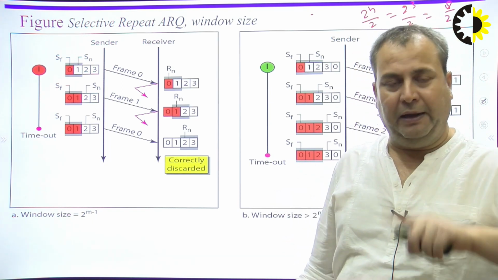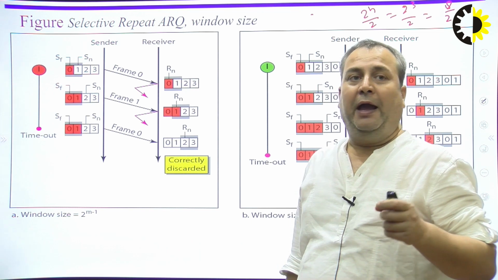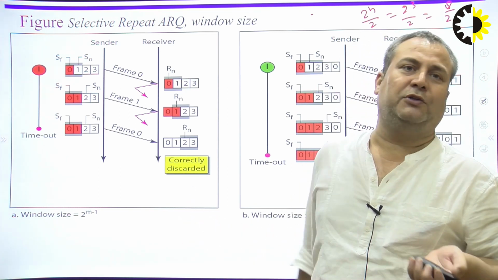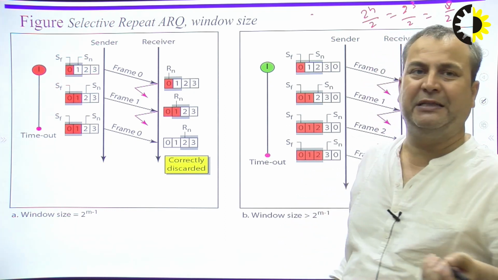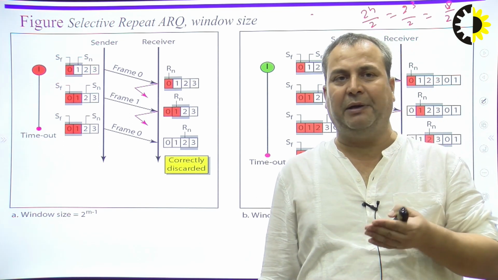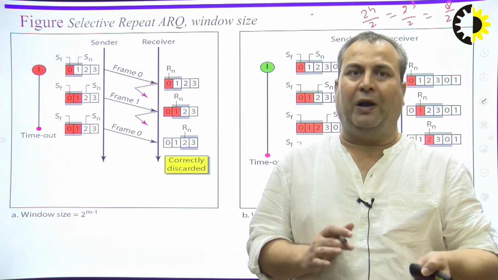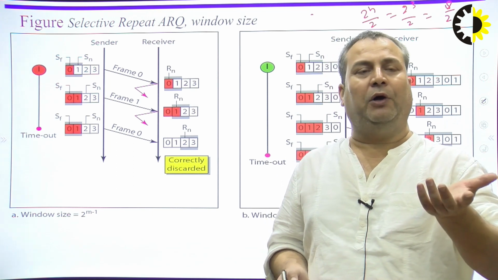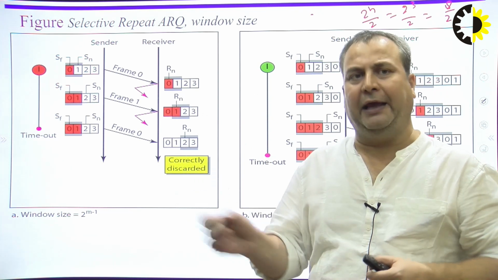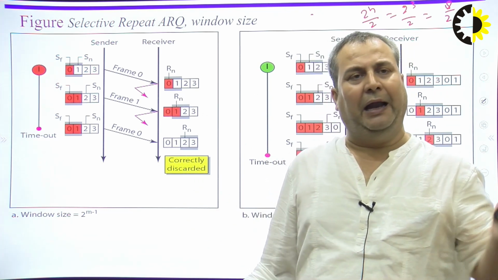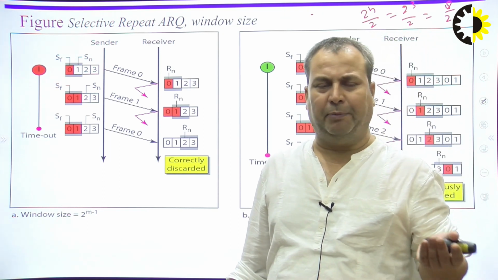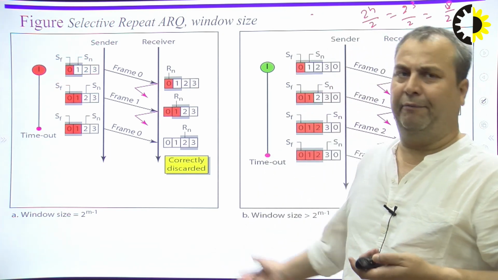Another important difference is that in selective repeat ARQ, out of order frames could also be received. If a frame is damaged, for example any particular frame in between, this protocol ensures that even if an out of order frame comes, it will be received, and for the damaged frame a NAK, negative acknowledgement, comes, and when the timer of that particular frame goes off, it is retransmitted and received.